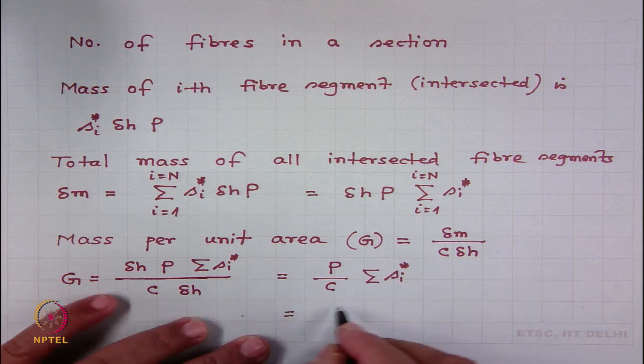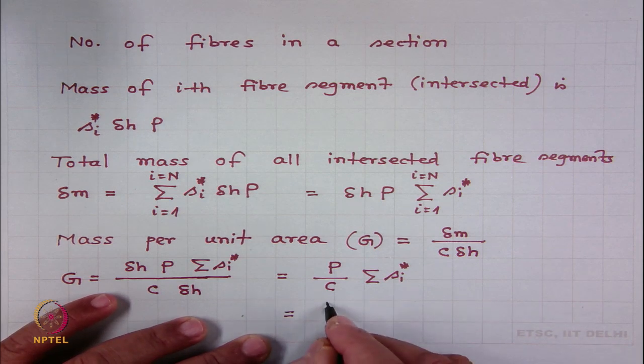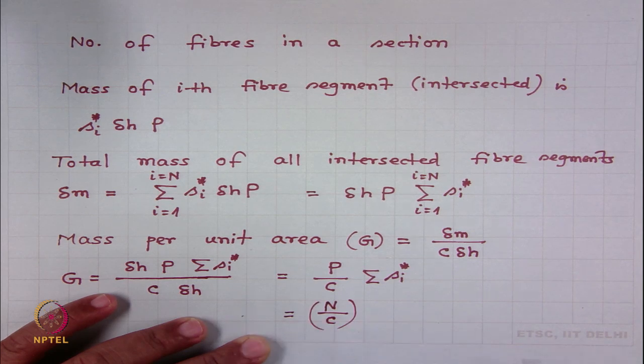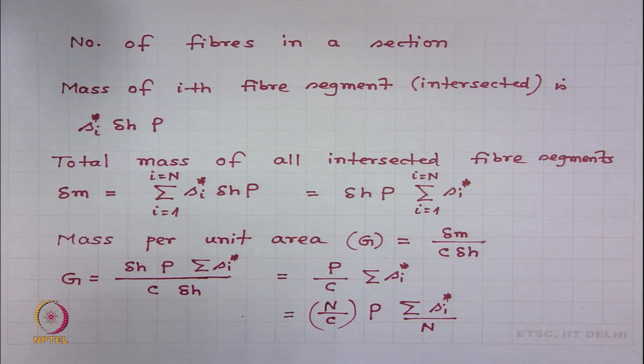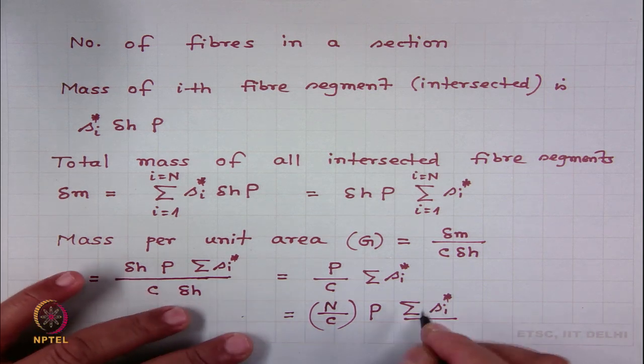So, what we obtain is N by C into rho into summation Si star by capital N. Now, look at this expression very carefully.